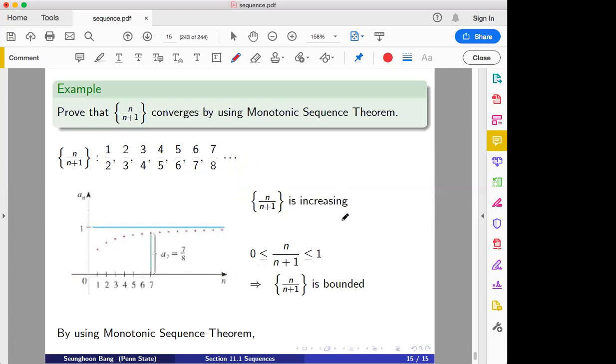We can use the monotonic sequence theorem: the sequence is increasing, which is monotonic, and bounded. The answer is that it converges by the monotonic sequence theorem. This is the whole idea for solving this kind of problem.